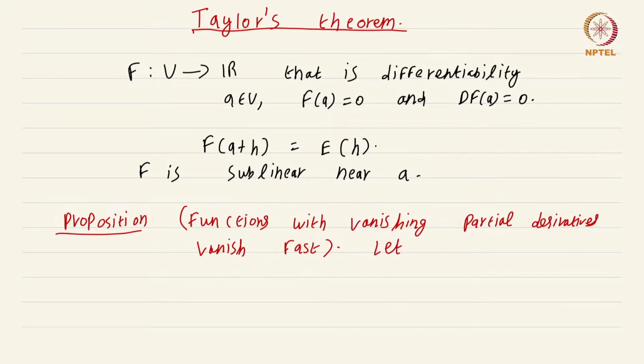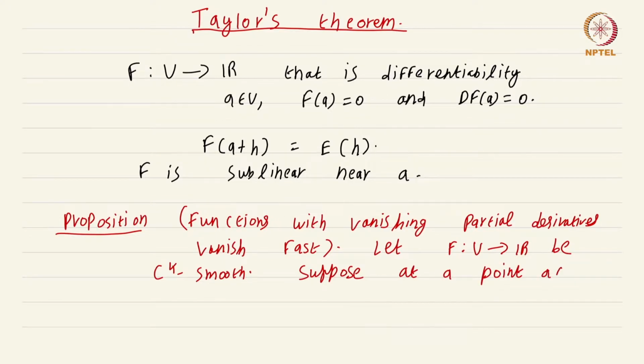Let f from U to R be C^k smooth. Suppose at a point a in U, f of a and D^alpha f at the point a, for mod alpha less than or equal to k, vanish.